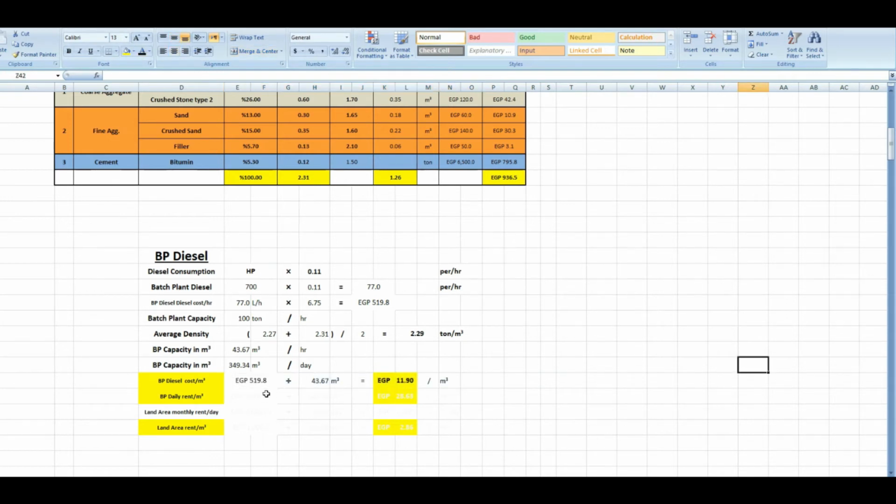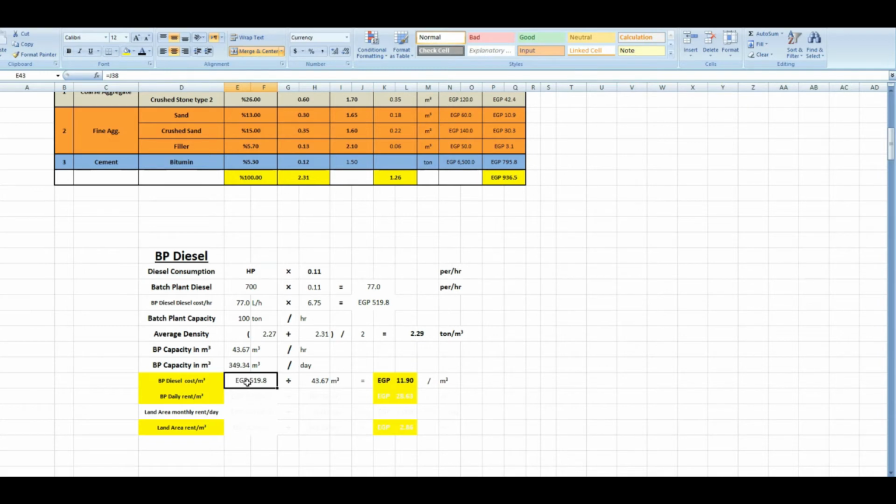If we have the consumption of diesel in pounds over the production of the batch plant daily in meter cubic, it means that the cost is 11.9.